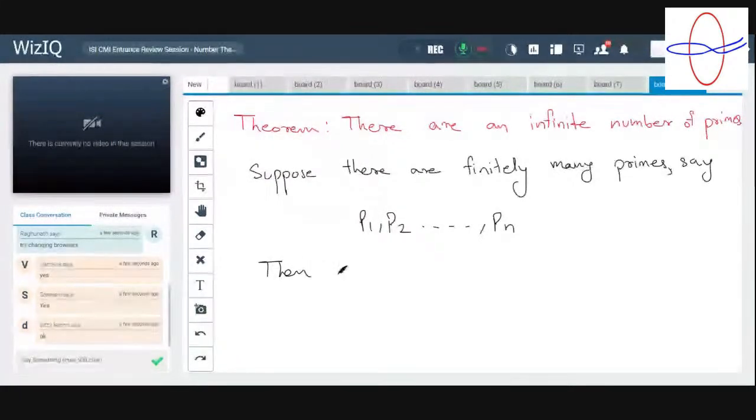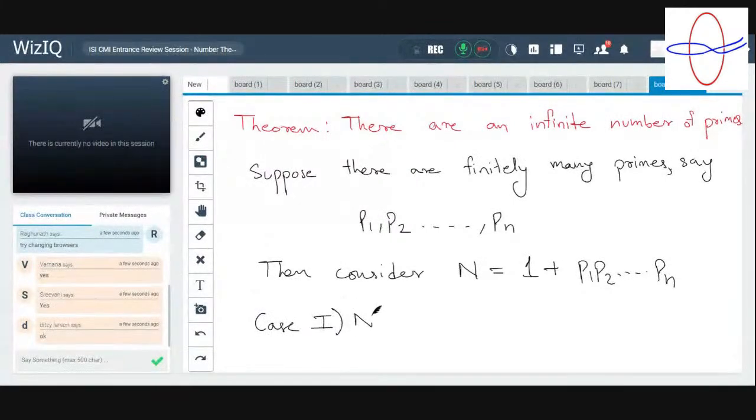Then consider the number capital N is equal to 1 plus the product of all your primes. Okay. Then there are two cases. Case 1 would be N is prime. So of course any number greater than 1 is either prime or composite.